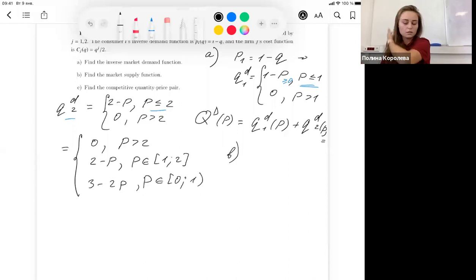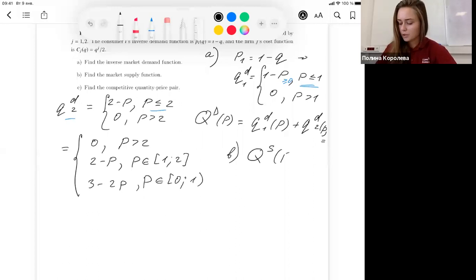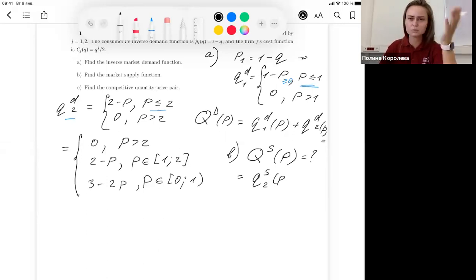B. In point B, we should find the market supply function. So market supply is a function of price. So, and this will be the sum of supplies of two firms.